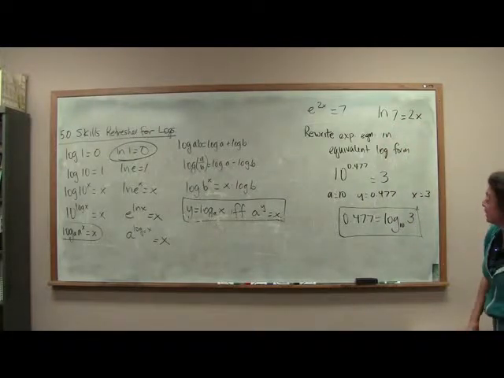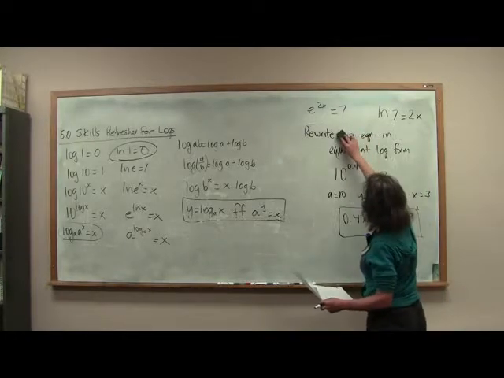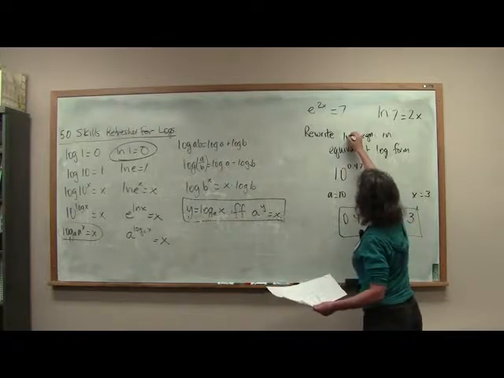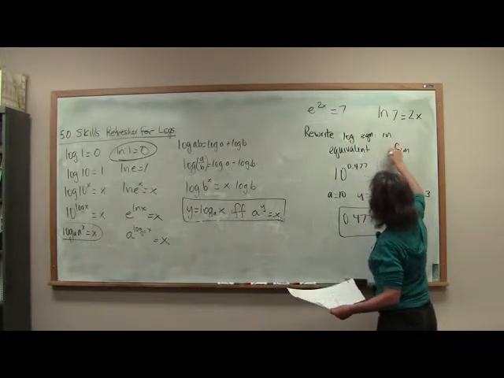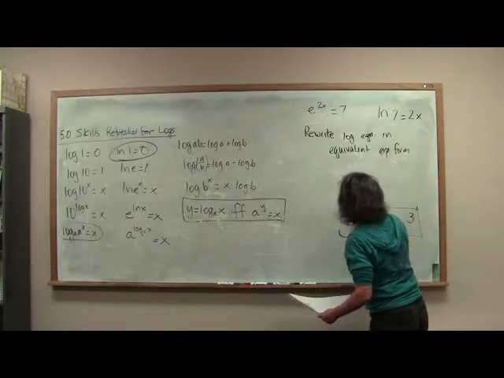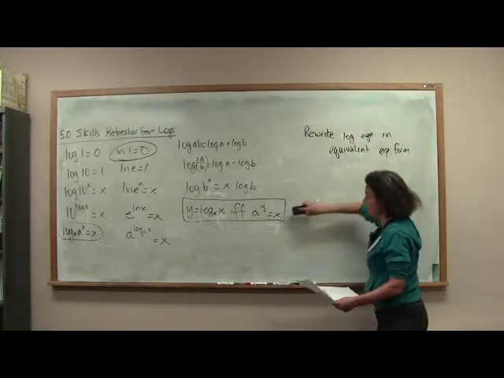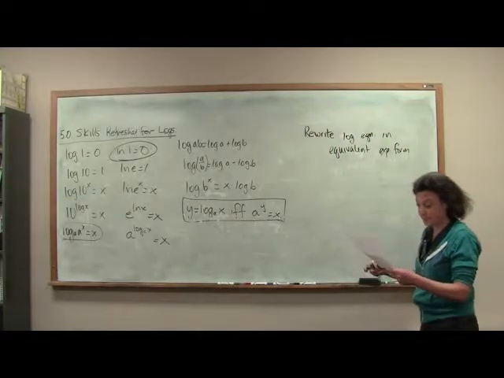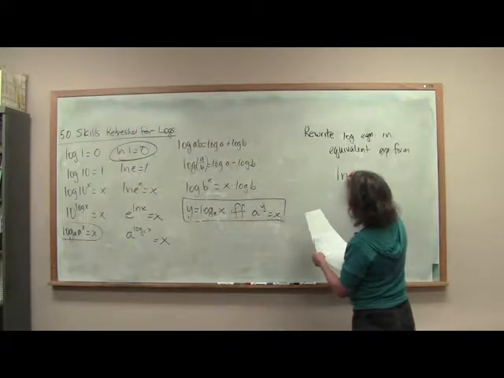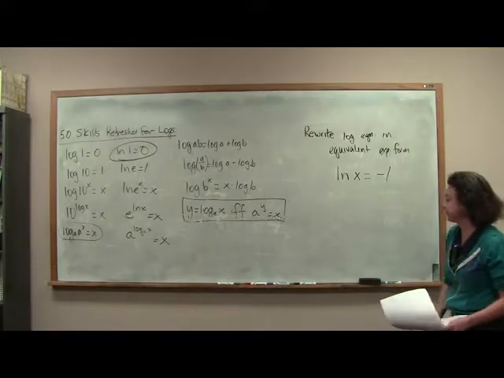Okay? Now let's go the other way. Now what we're going to do is rewrite our log equation in equivalent exponential form. Again, it's just getting us refamiliarized with this equivalence. So let's do this example. ln of x equals -1.